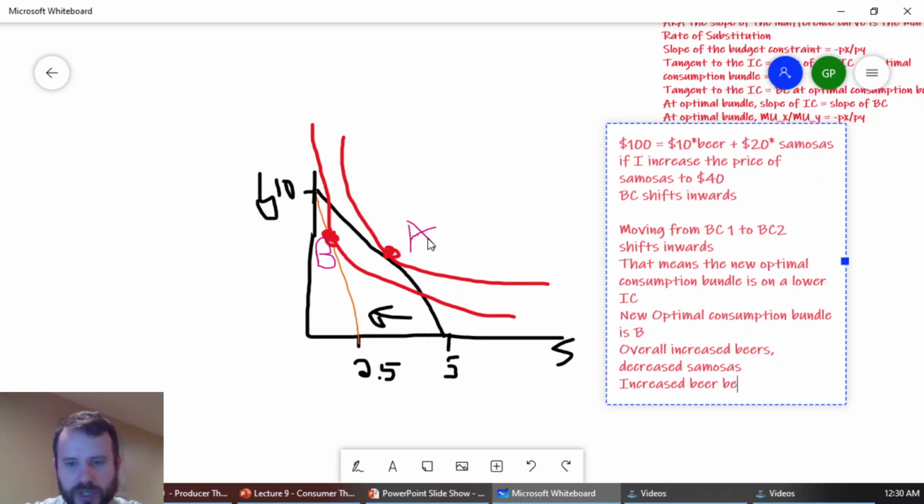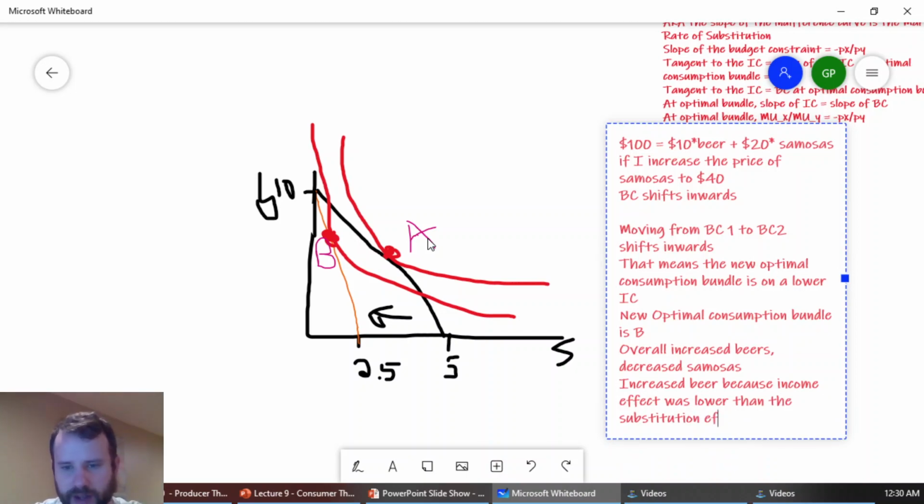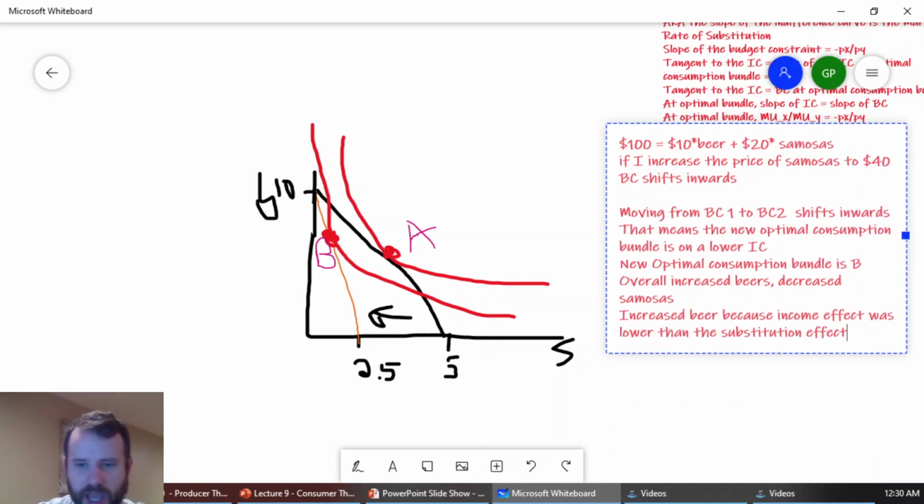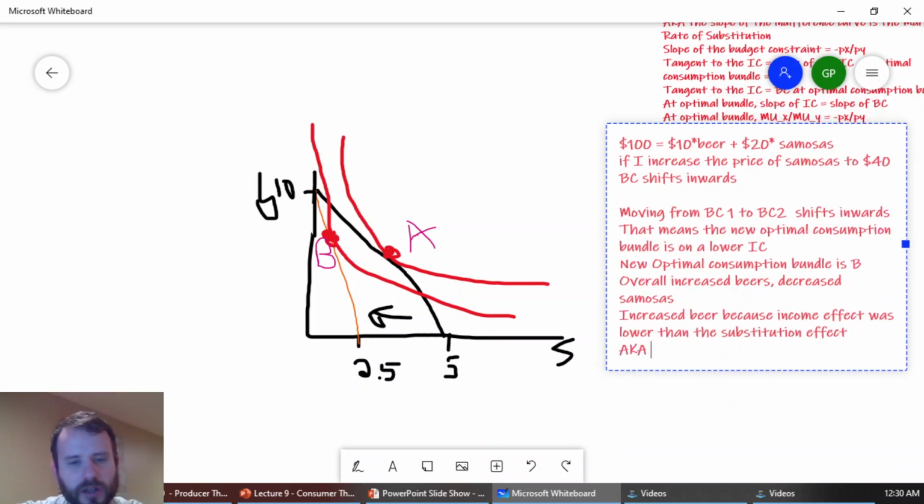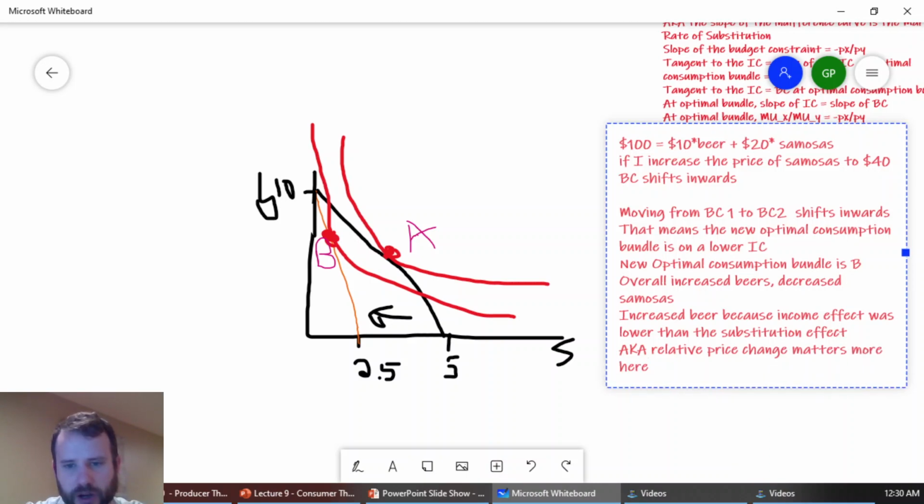Increased beer because the income effect was lower than the substitution effect. All right, aka the relative price change matters more here than the overall budget hit that I take.